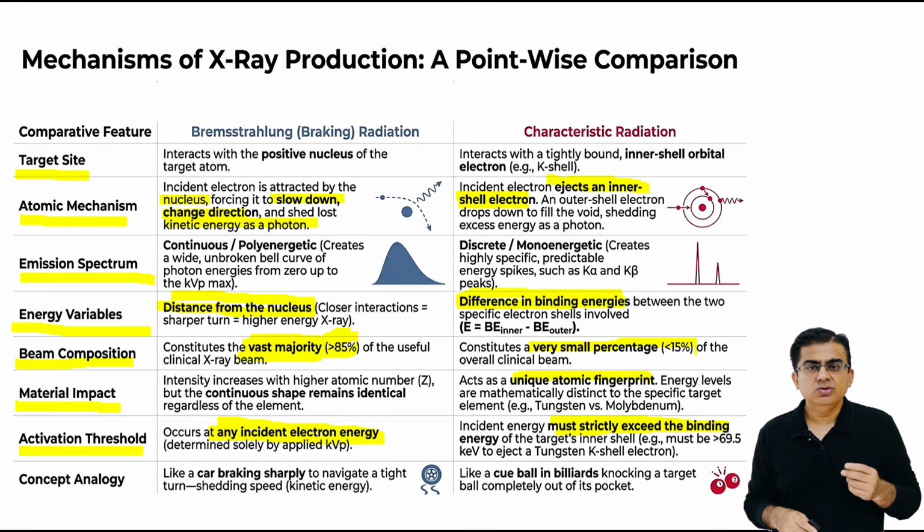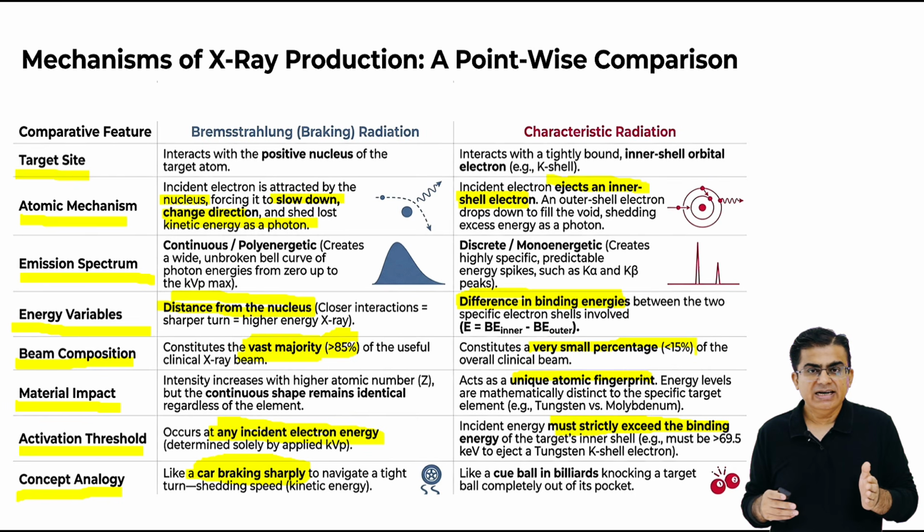Finally, let me give you two simple mental pictures to help you remember this. Think of Bremsstrahlung radiation exactly like a fast car, turning and braking sharply to take a very sharp turn.